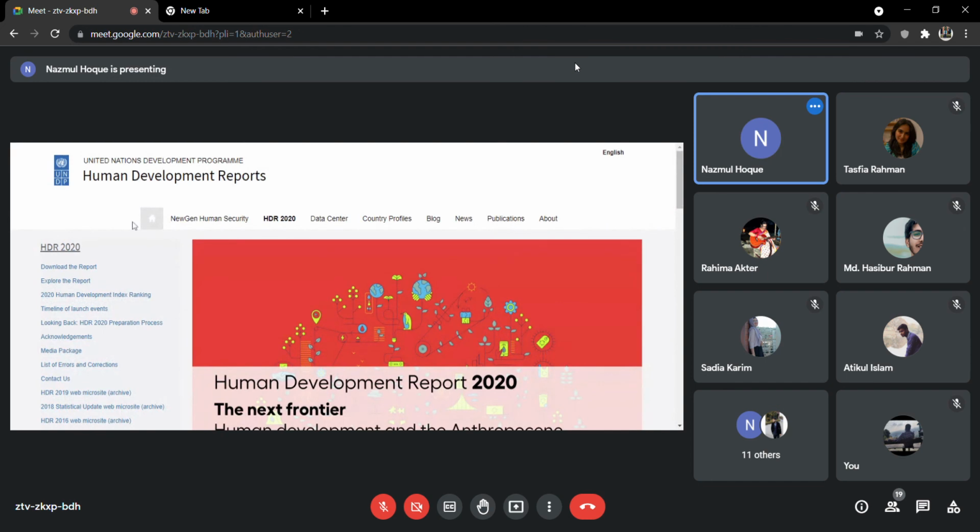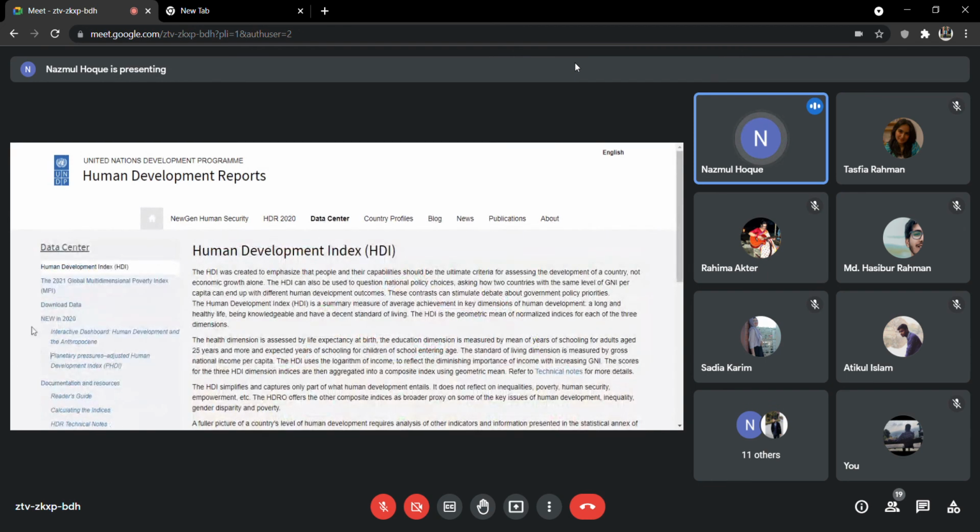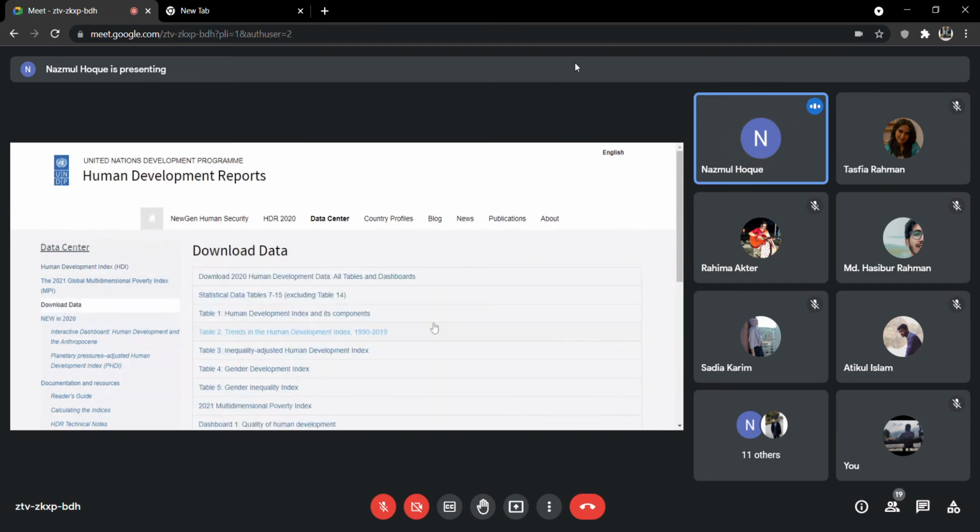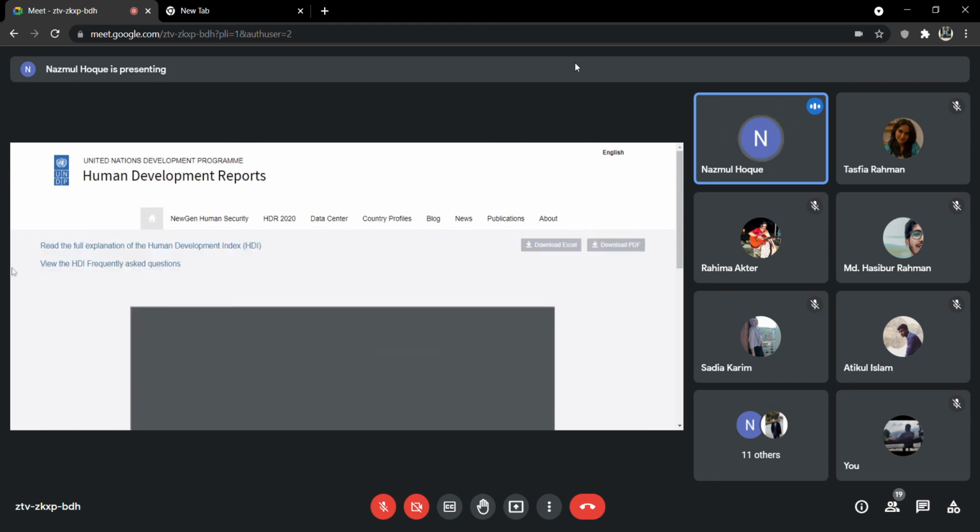Sorry. Download the data. You see here, download the data. So go to data center, and the data center has this download the data. If you click on this, you have this full data file. Okay. Yes, sir. So all the tables and stuff, and table one has its components, I guess.